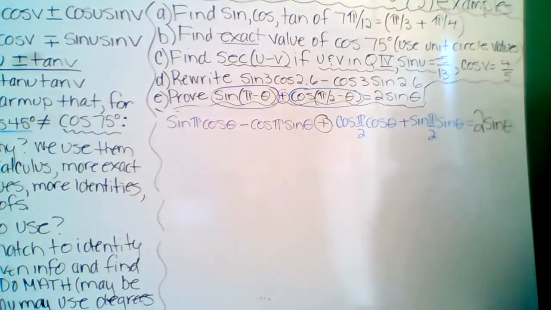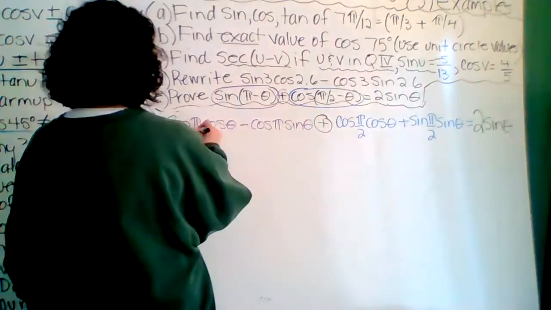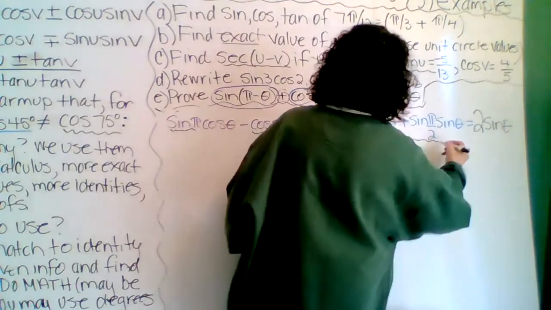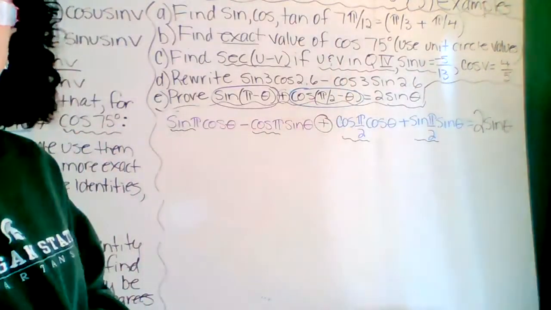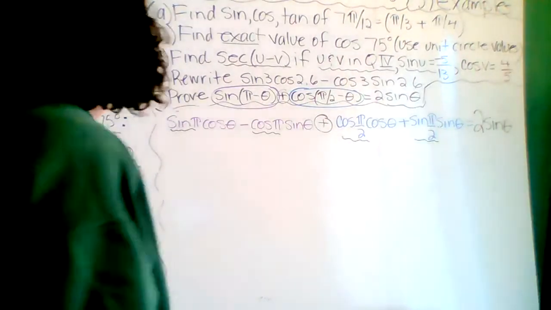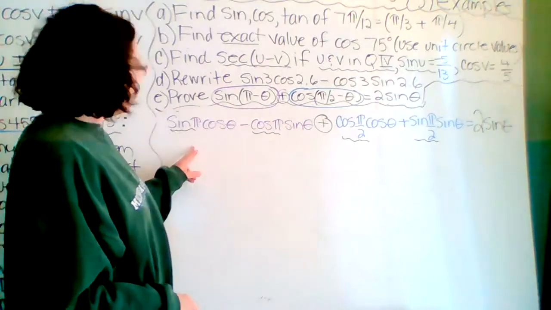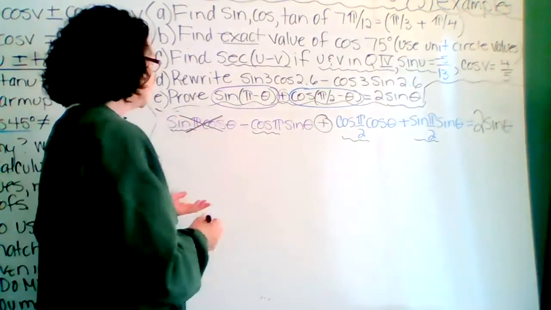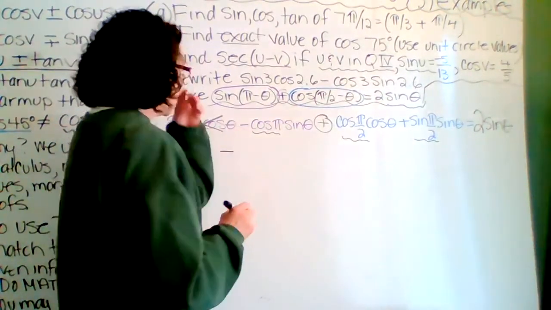Okay, so what do I do next? What I do next is I do know what sine of pi, cosine of pi over 2, and sine of pi over 2 are. I know what those are from the unit circle. And so I'm going to fill those in. Sine of pi is 0, and 0 times cosine is 0. I'm just going to cancel that out. Okay, minus, don't lose your minus sign there.